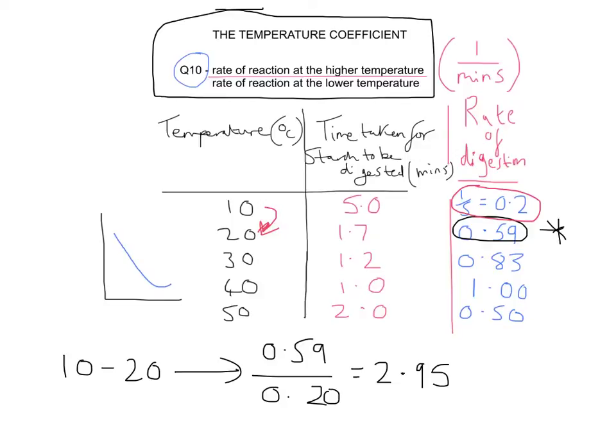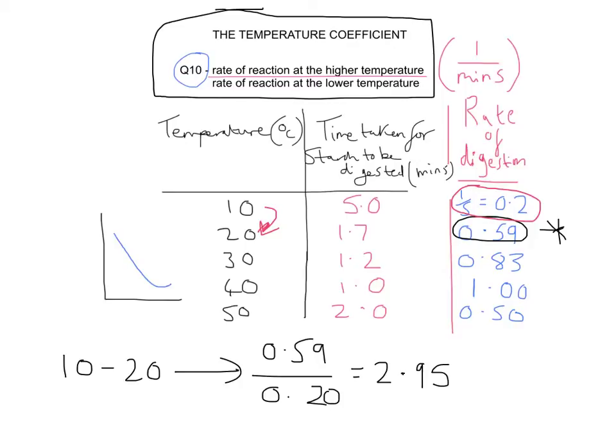And that's your Q10 for between 10 and 20 degrees. Now, on its own, that doesn't really mean anything. So what you need to do then is go back and calculate the Q10 for every jump.